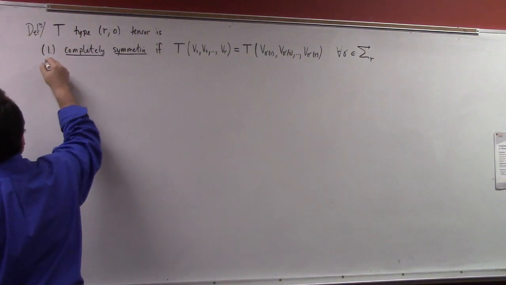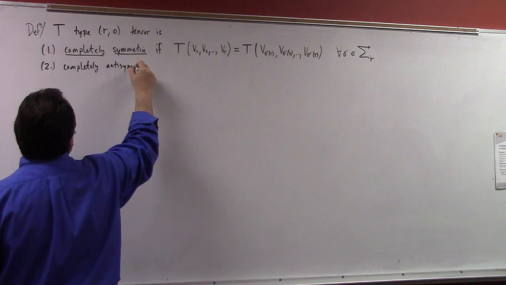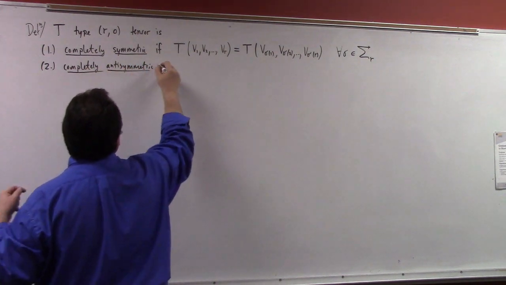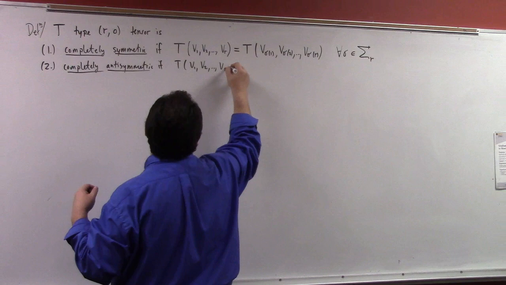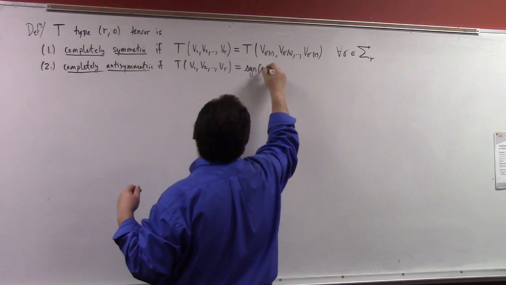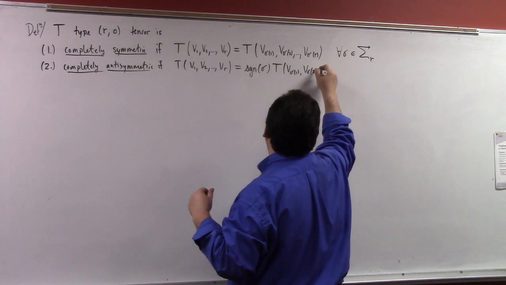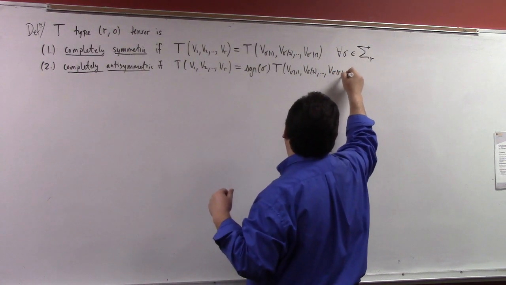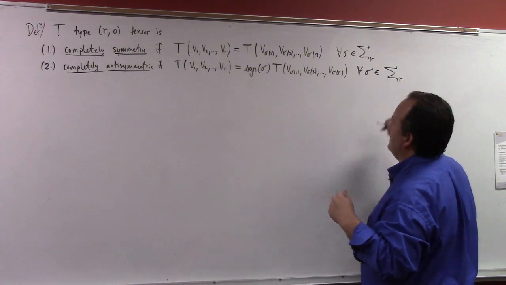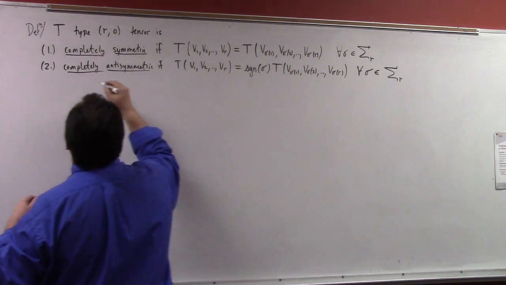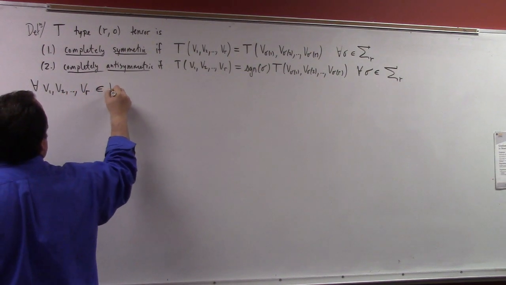And number two, it's completely antisymmetric if T of V1, V2, ..., VR is equal to the sign of sigma times T of V sigma 1, V sigma 2, ..., V sigma R for all sigma in S sub R. In both of these, for all V1, V2, ..., VR in V, right?